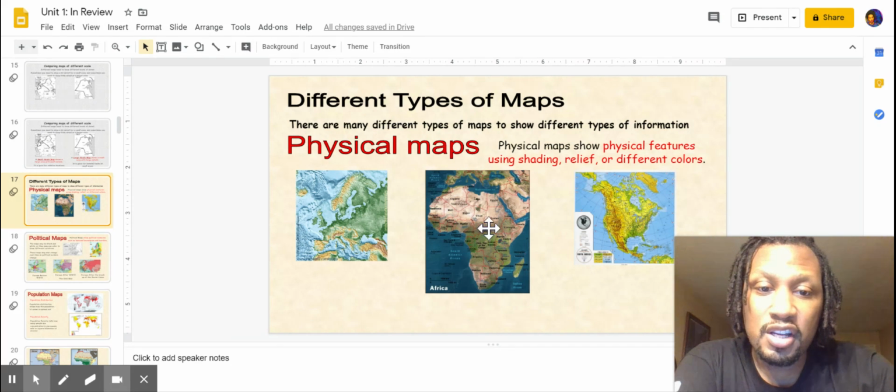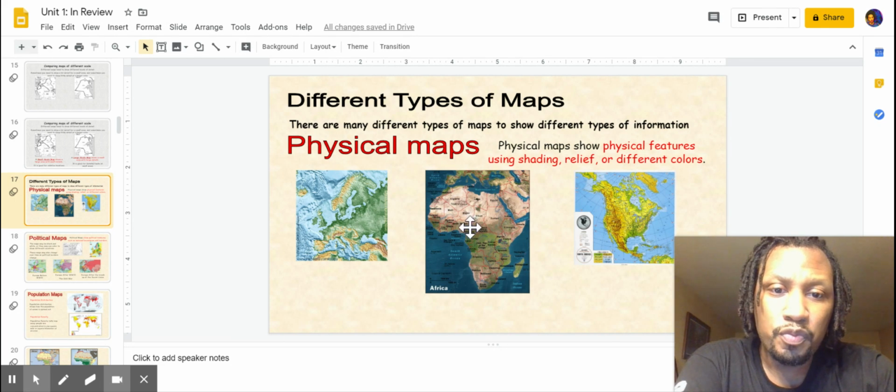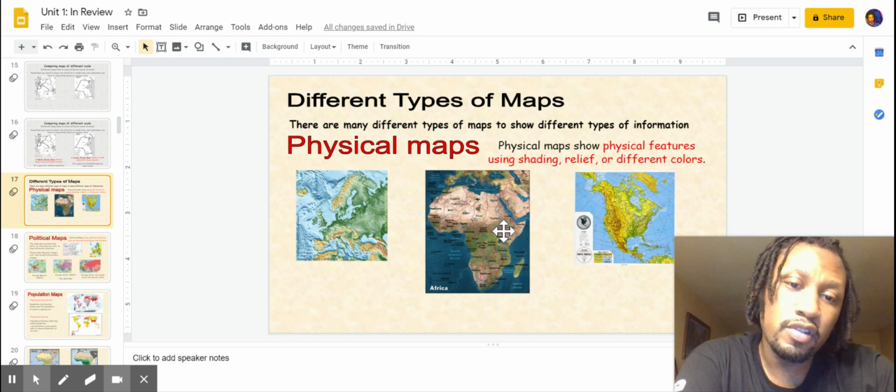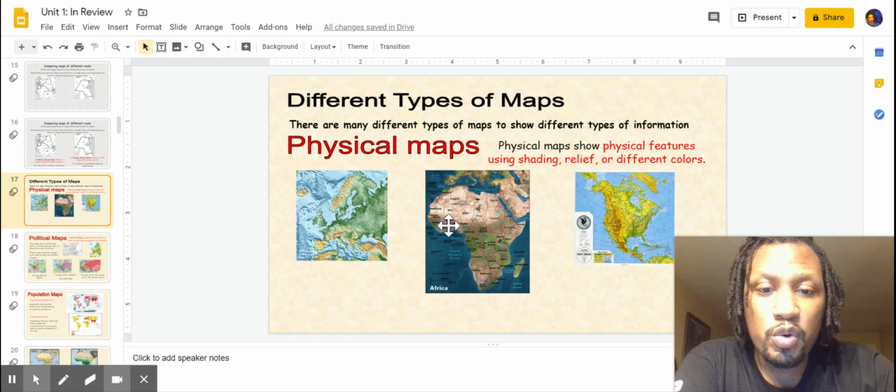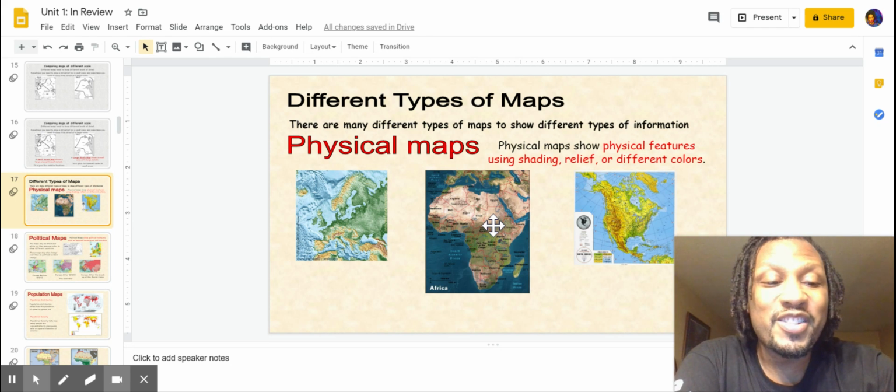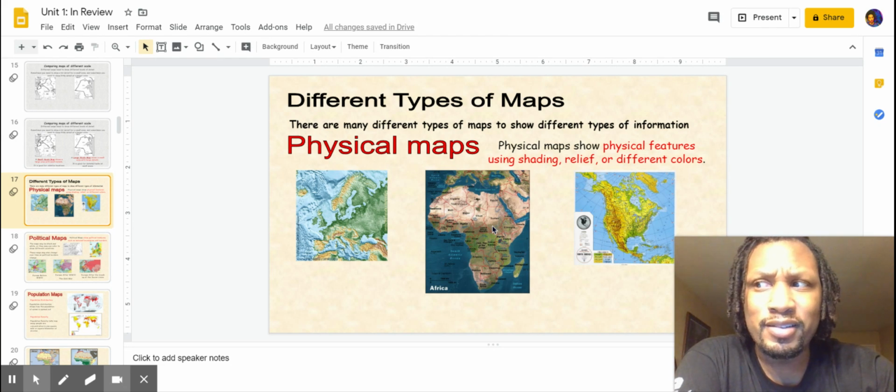This is the Serengeti, which is your grassland. That's where the animals that we learn about in grade school live: zebras, lions, tigers, giraffe. They all live in this area.